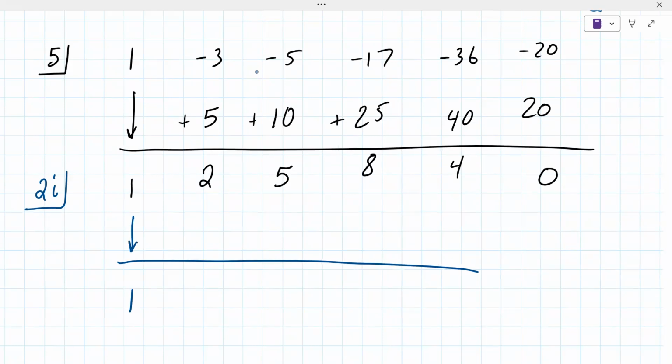So you bring the 1 down. That's no big deal. 1 times 2i is 2i. Now, you cannot combine these. These are not like terms. So you just write it as 2 plus 2i.